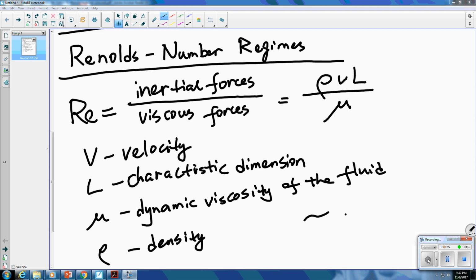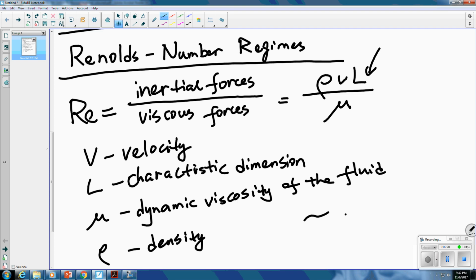Reynolds number, by physical meaning, is a ratio of inertia forces over viscous forces. Alright? By definition, it is the density of the fluid times the velocity of the fluid times the characteristic dimension over the dynamic viscosity of the fluid. What does characteristic dimension mean?